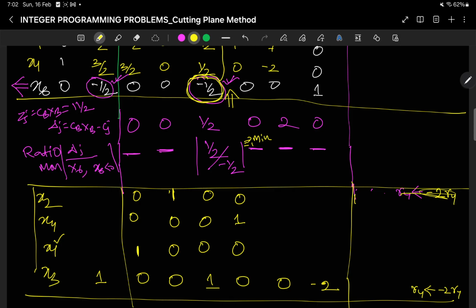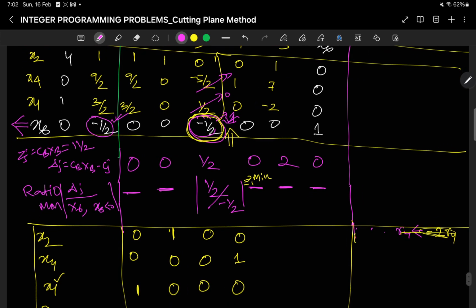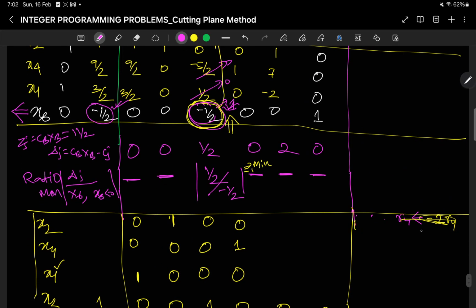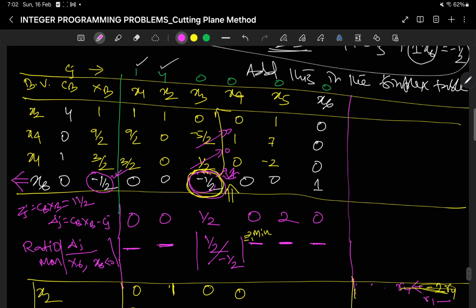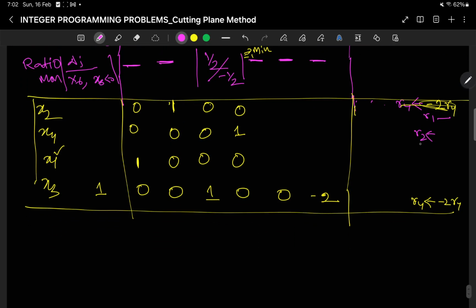Now we need to make these entries 0, and make the pivot 1, so this calculation is there. Here r1 remains silent, so no calculation is needed in r1, and r2 is replaced by r2 minus 5 by 2 new r4.